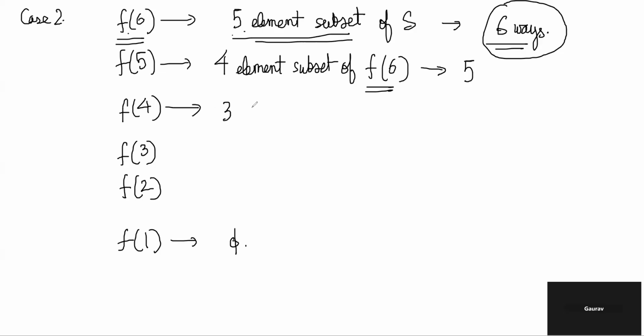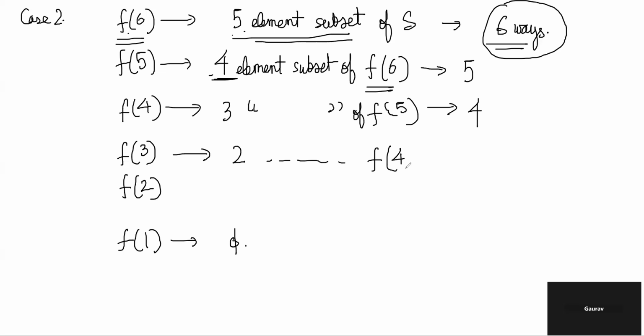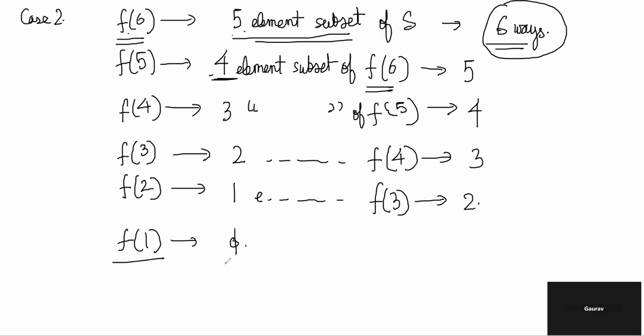Then from here, a 3-element subset of f of 5, so that will be done in 4 ways. And then a 2-element subset of f of 4, so that will be done in 3 ways, right? And finally, a 1-element subset of f of 3, 2 ways. So that will be done in 2 ways. And f of 1 is guaranteed to be null set now, right?